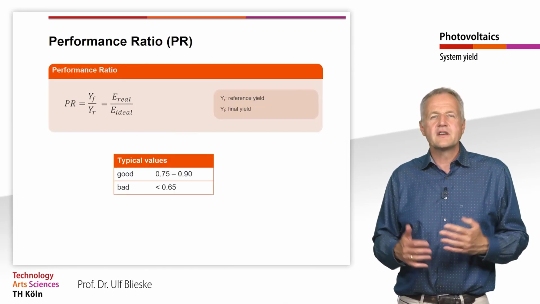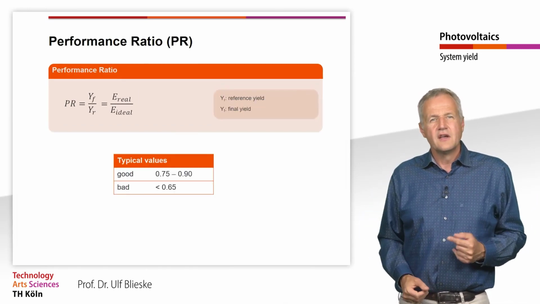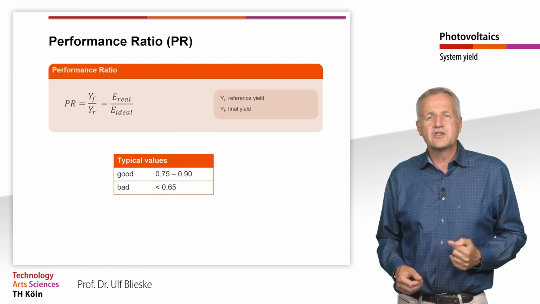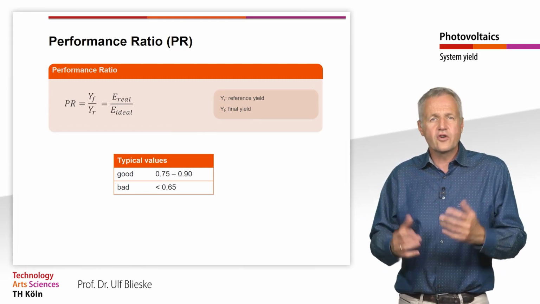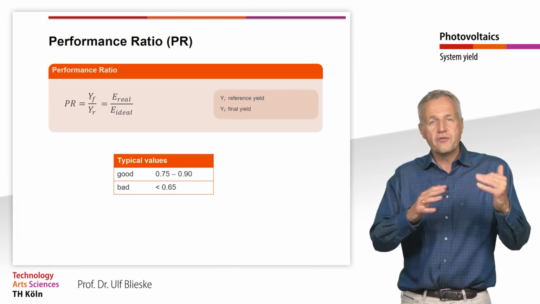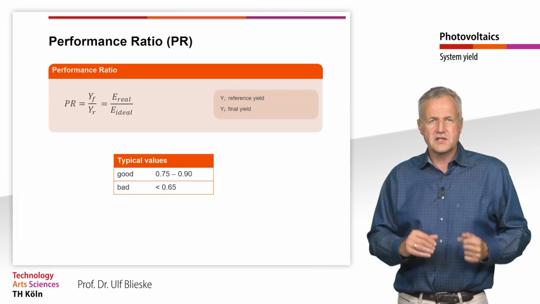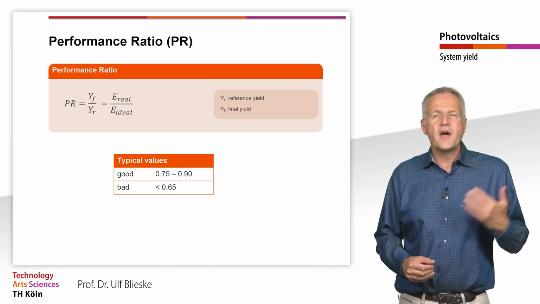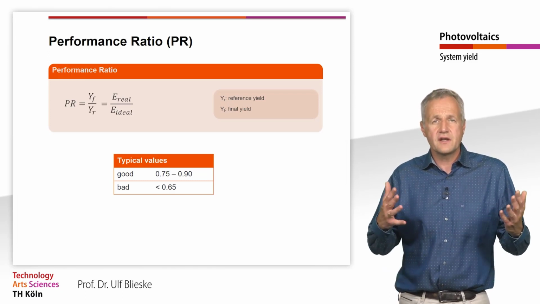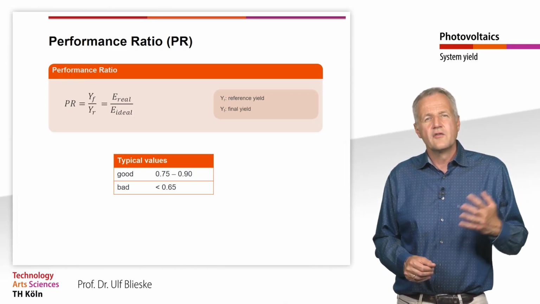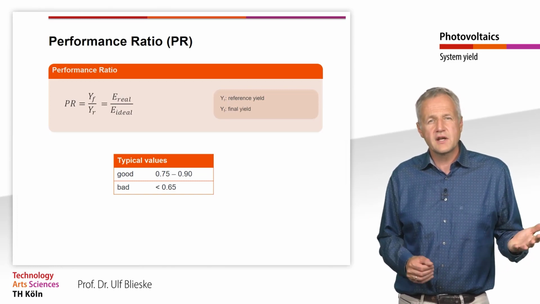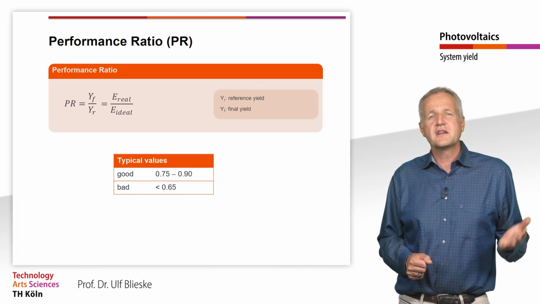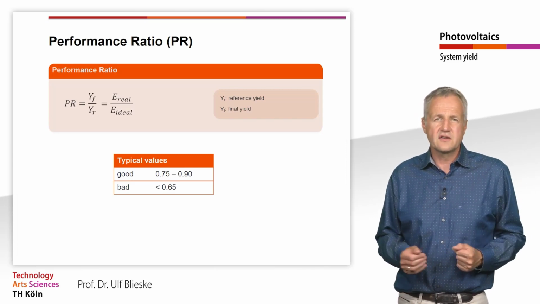Another important parameter is the performance ratio. It is defined as the ratio of the final yield to the reference yield. It thus corresponds to the quotient of real and ideal energy yield. It is therefore a measure of the losses occurring in a plant. For good plants with low losses, the performance ratio reaches values between 75% and 90%.